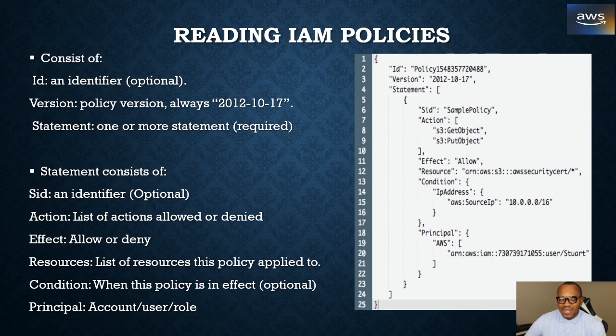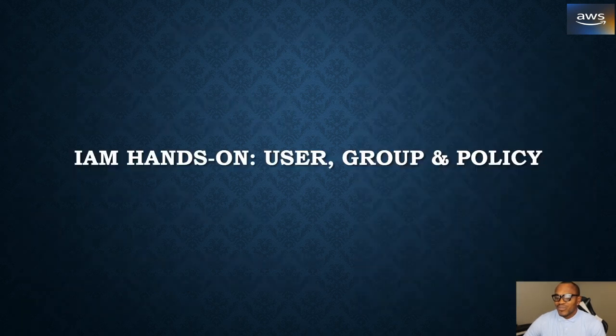We have an effect, which is allow or deny. We have resources, which is the list of resources the policy applies to. And a statement can have conditions, which is the condition where the policy is in effect, and the policy will also have a principal. So let's go to the console to do our exercise.